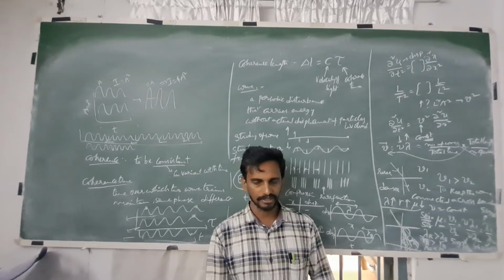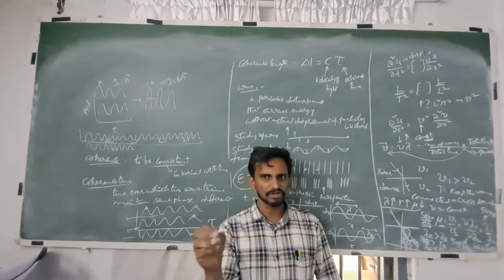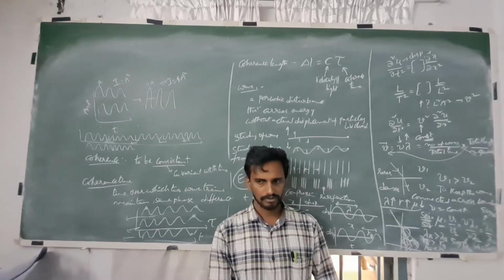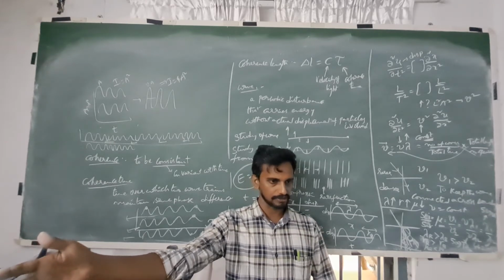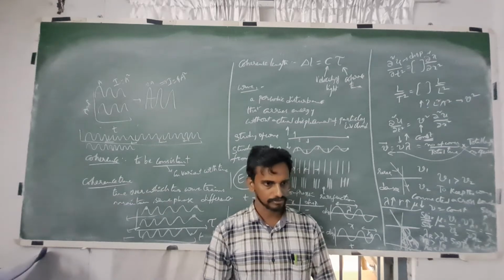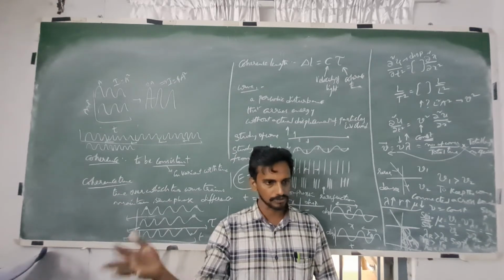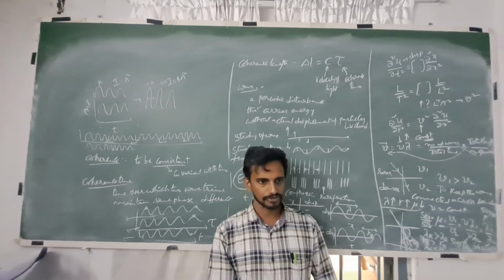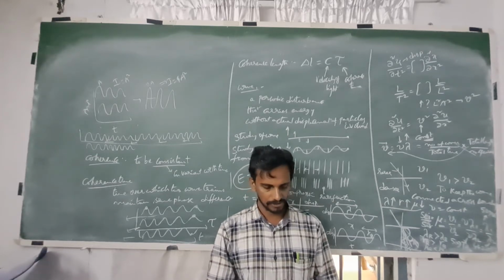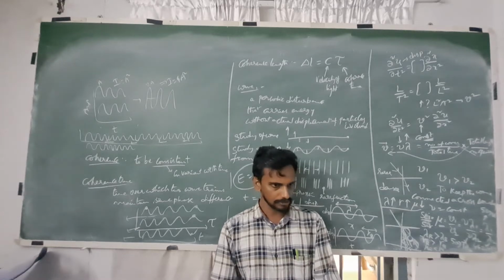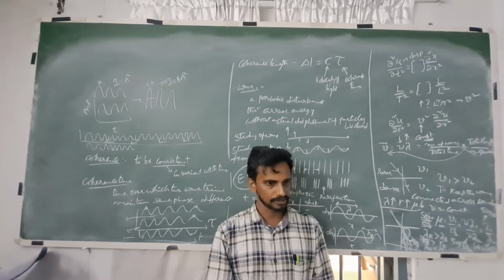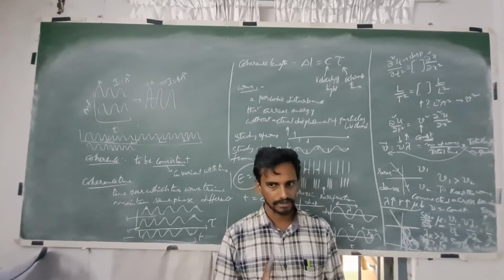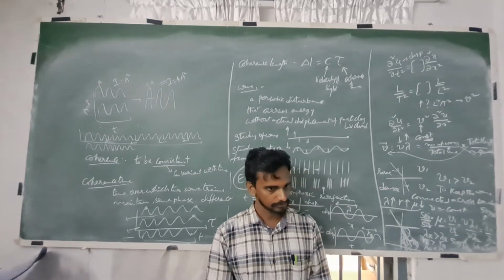The given refractive index of water is 1.33, and the wavelength of light in air is some 5500. What happens to its wavelength in water? That was the question. So the refractive index of water is 1.33, green color wavelength is 5500 angstroms. What happens to its wavelength in water?